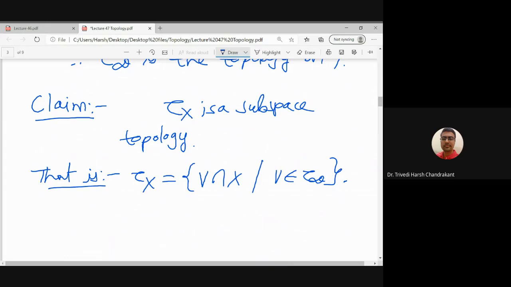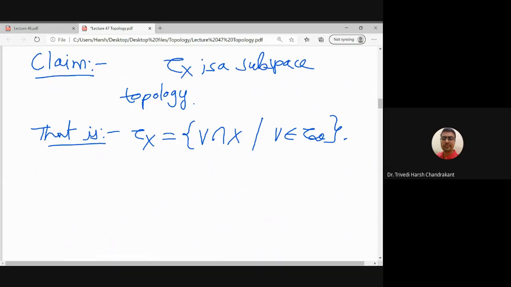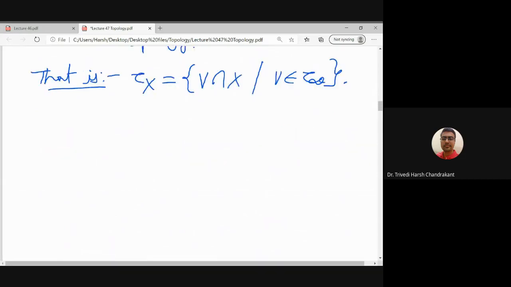So that will give us that tau X is the subspace topology corresponding to tau infinity. So one of the inclusions is trivial. The other one we will prove now. So we will show that this is a subset of tau X.